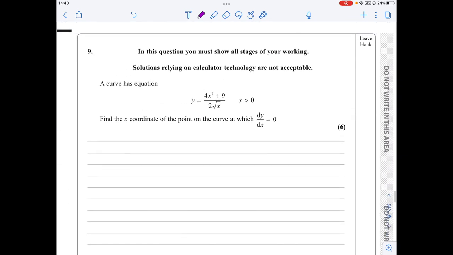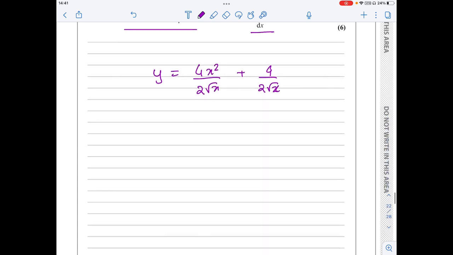Question number 9. The curve has an equation y equals (4x square plus 9) upon 2 root x. Find the x coordinate of the point for which dy by dx equals 0. So y equals 4x square upon 2 root x plus 9 upon 2 root x. So what do I get? 2x to the power of 3 upon 2 plus 9 upon 2 x power negative 1 upon 2.